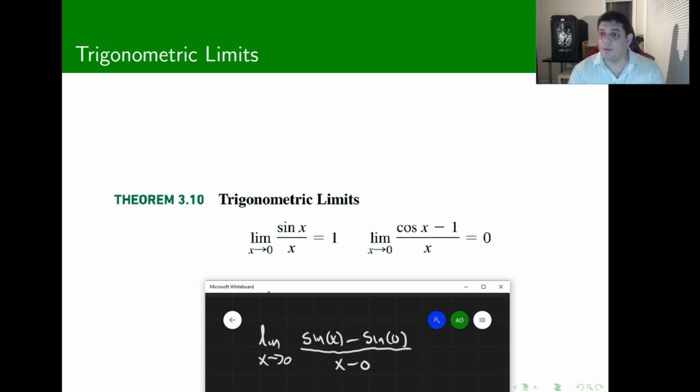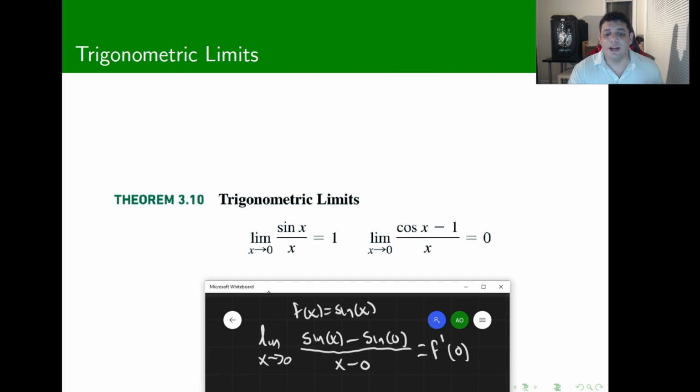And if you remember what that is, that's pretty much the derivative of the function sine of x, so f prime at the point 0, of course assuming f of x is sine of x, right?